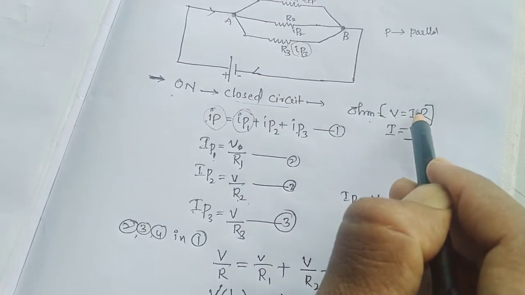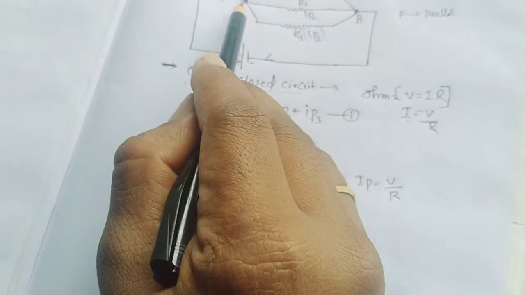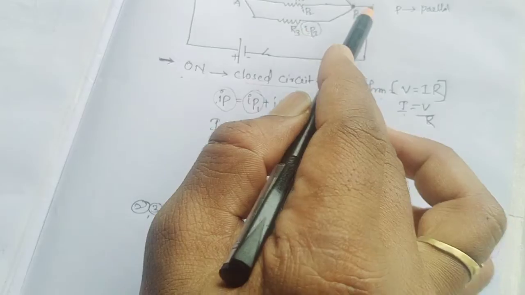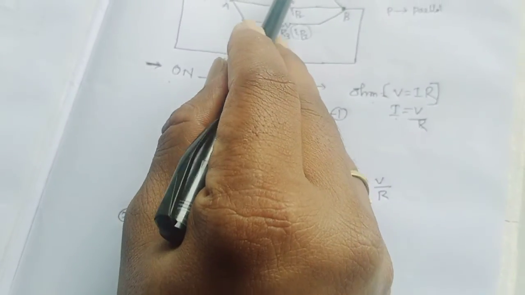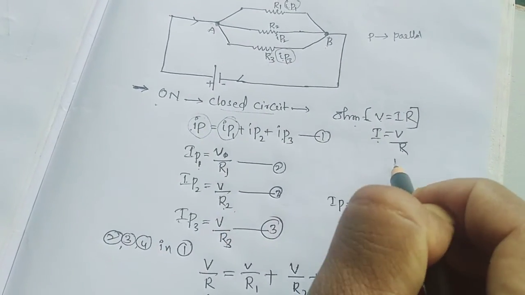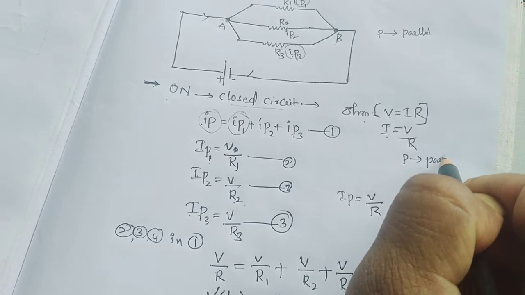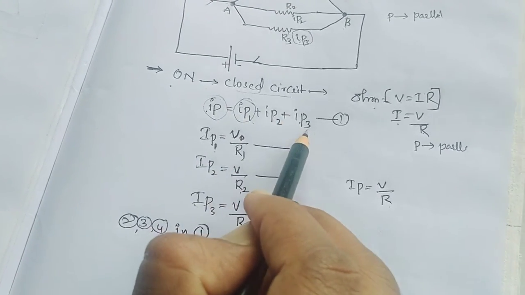From Ohm's law, V is equal to IR, then I is equal to V by R. Here the potential difference is common, so V is constant. In this situation, the current through each resistor is individual. IP is equal to IP1 plus IP2 plus IP3, where P is the parallel connection.